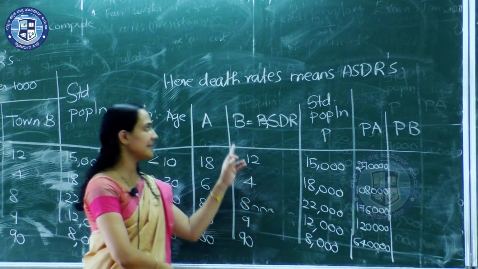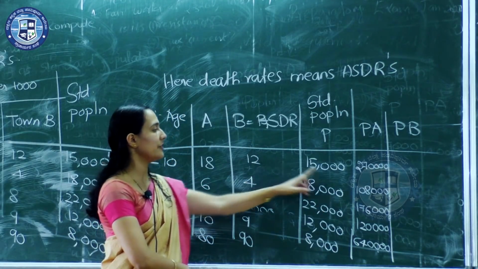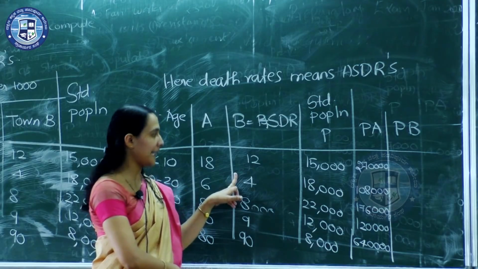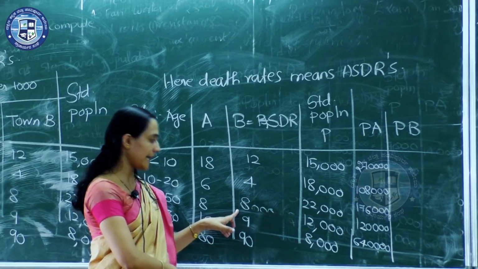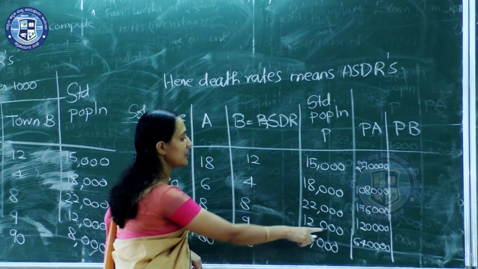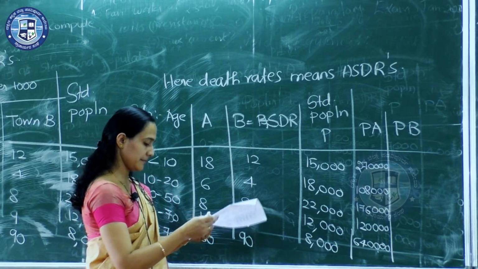P into B, another column. P is this one, B is this one: 15,000 into 12, 18,000 into 4, 22,000 into 8, next 12,000 into 9, 8,000 into 90.